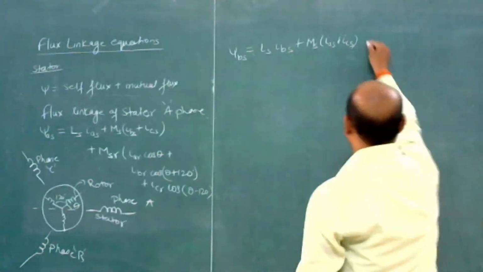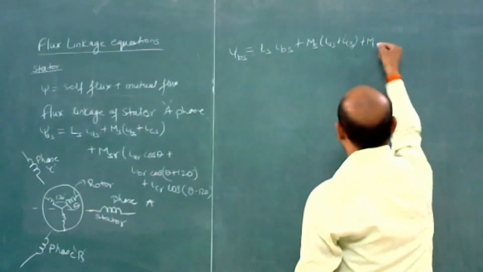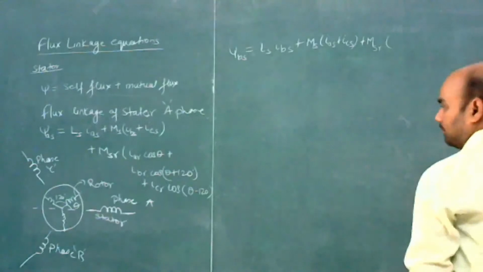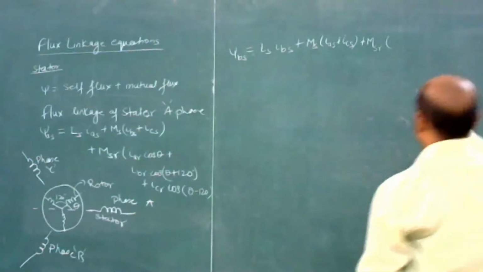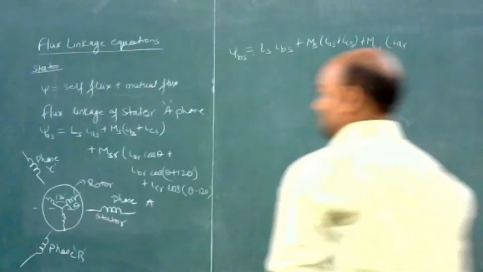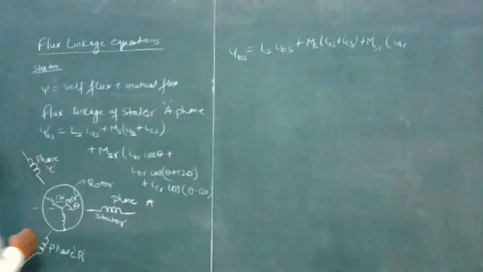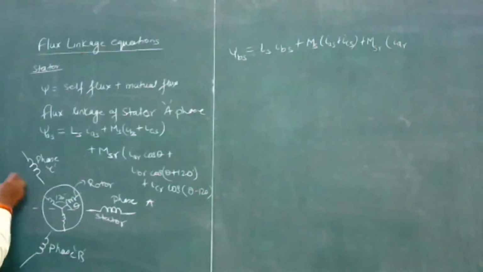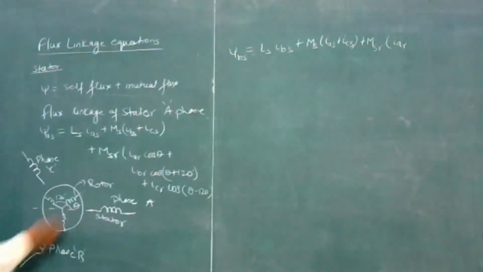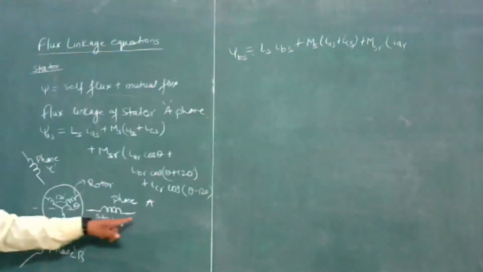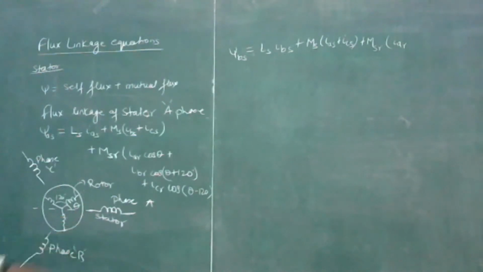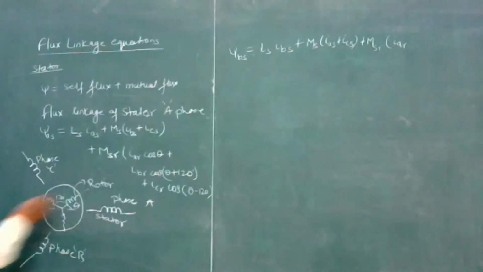Plus MSR, and current IAR, and now the current is flowing with BS. So this will be current BS, and current AR is this.